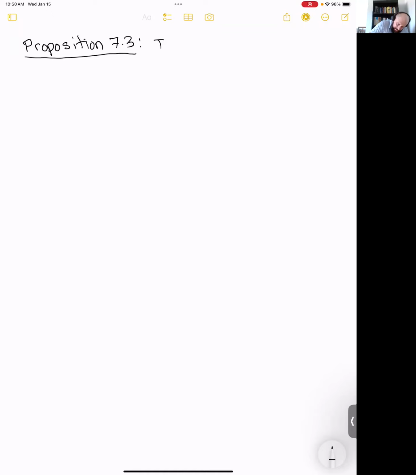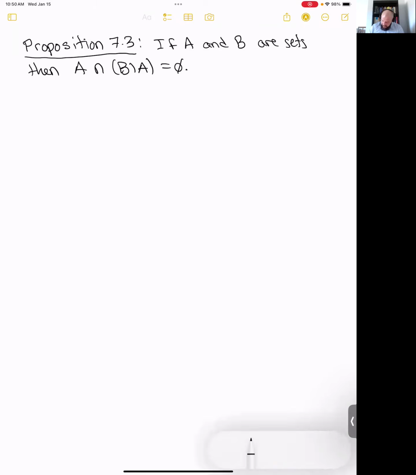So for instance, if A and B are sets, then (A intersect (B set minus A)) is equal to the empty set. And this should be somewhat intuitive, right?